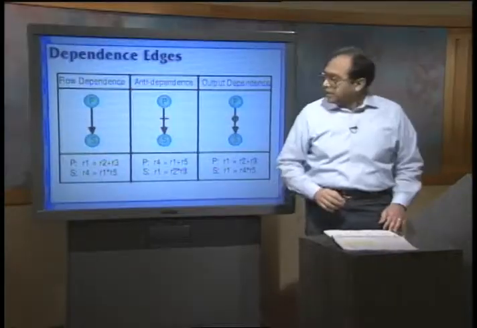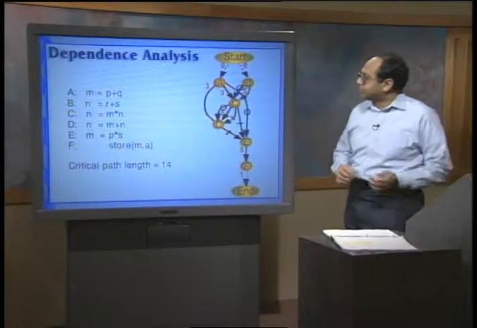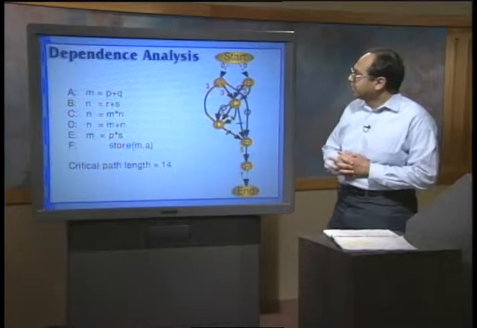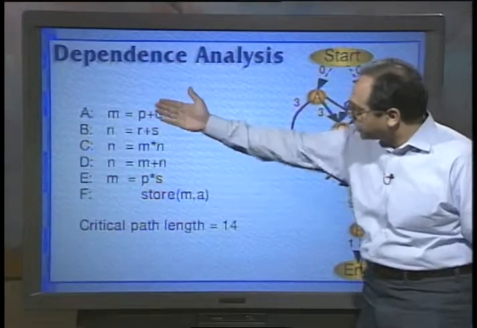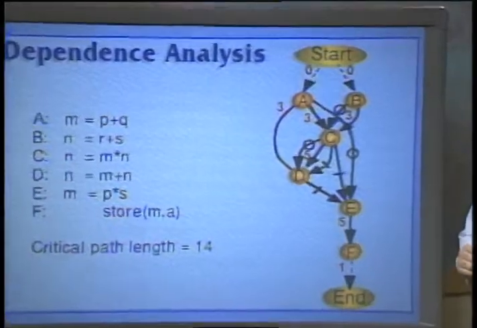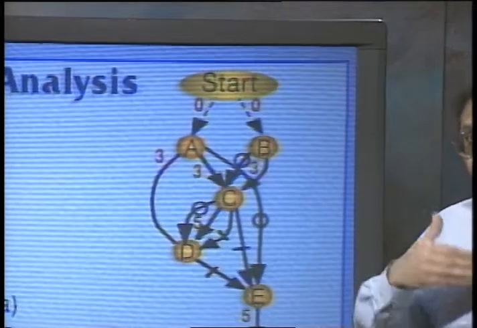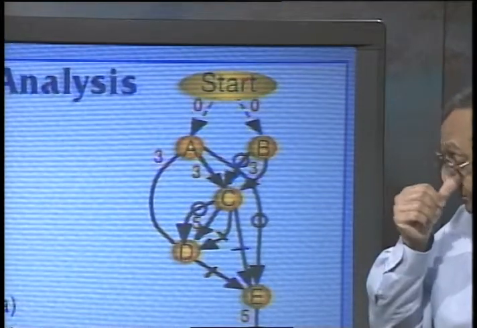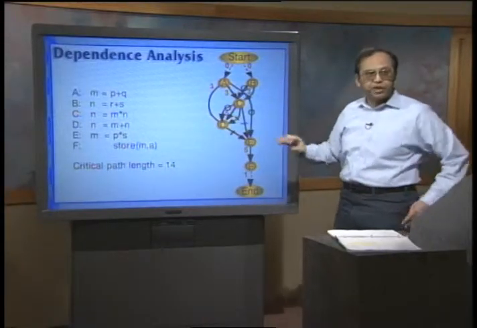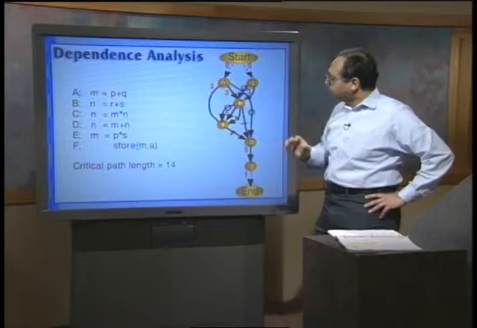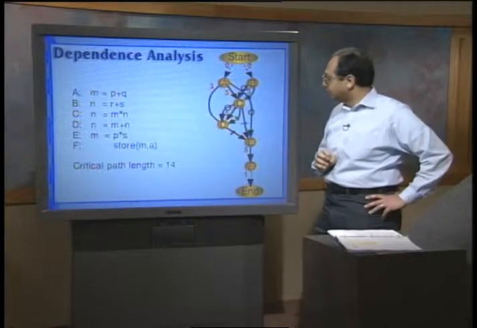Now, the first task of the compiler is to take the original code, which is shown as a sequential list of instructions, each of which must be executed after the previous one unless we prove otherwise, and to come up with a data dependence graph that reflects the essential dependencies in this program.